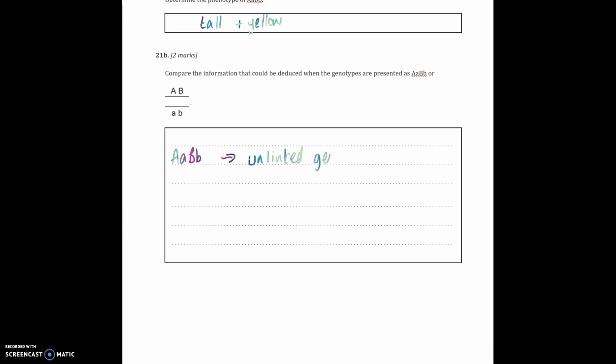And then obviously, so that shows independent assortment. And then with the ones on the line, that obviously shows linkage. And so they are not able to assort independently. So those are the sorts of things that we were looking for there.